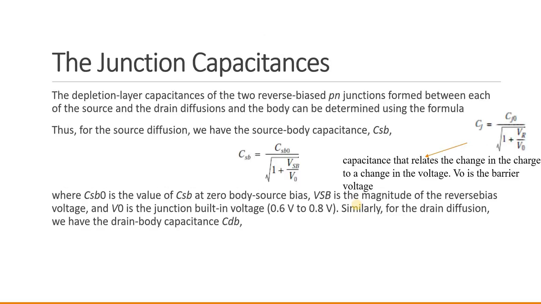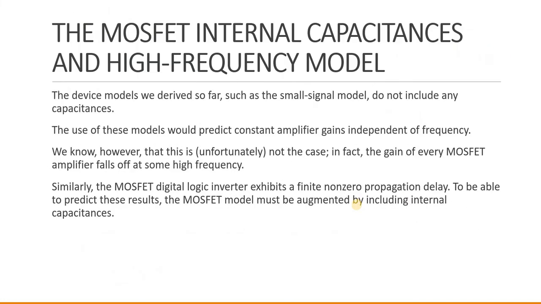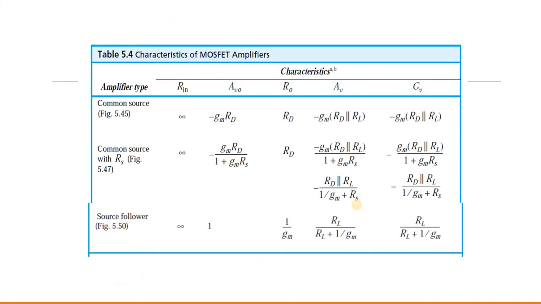Okay, so today let us summarize, let us quickly go through all the amplifier types and the characteristics of these amplifier types. So we know the characterizing parameters are nothing but the input resistance, open circuit voltage gain, the output resistance, and the overall voltage gain.